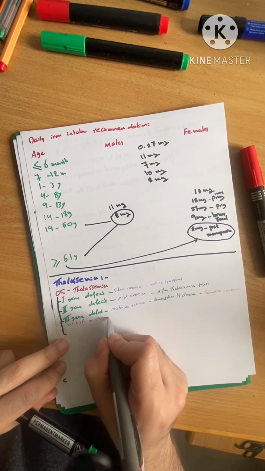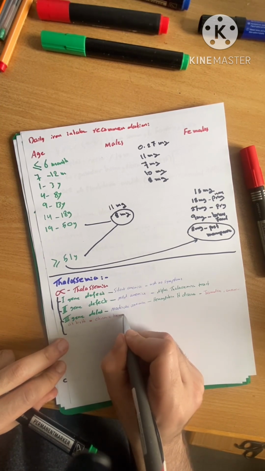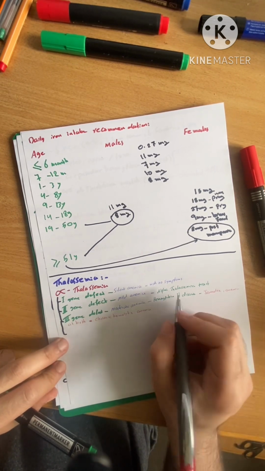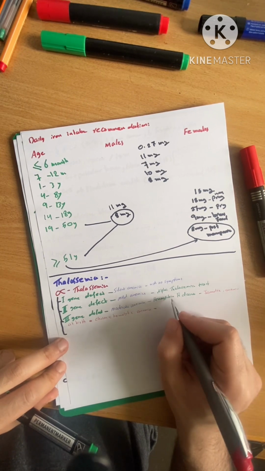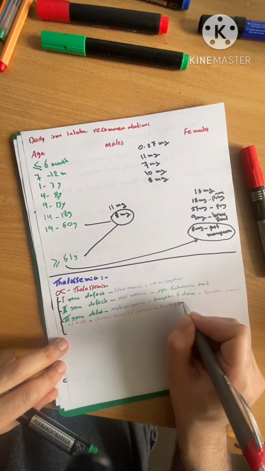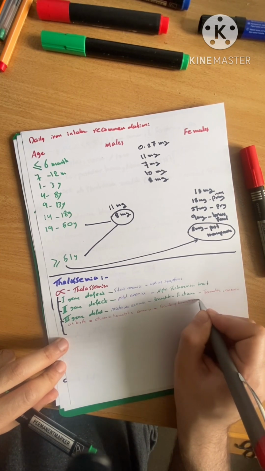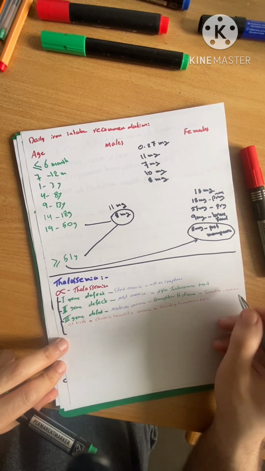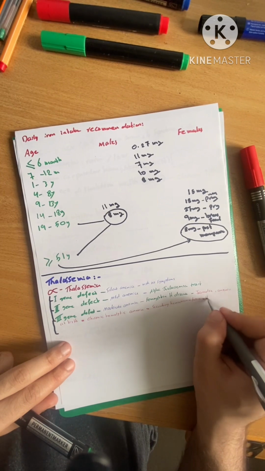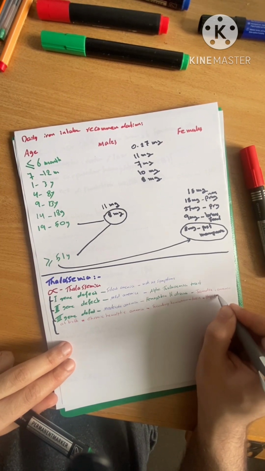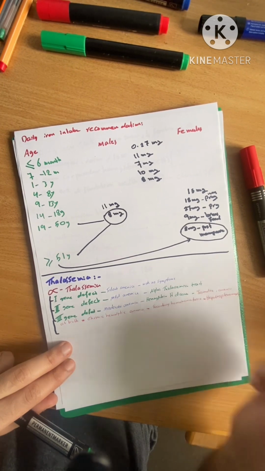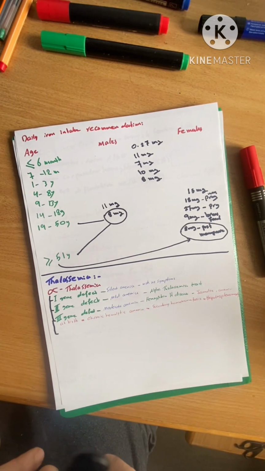We can see chronic hemolytic anemia. Another clinical feature is secondary hemochromatosis. Also, we can see hepatosplenomegaly. Okay.